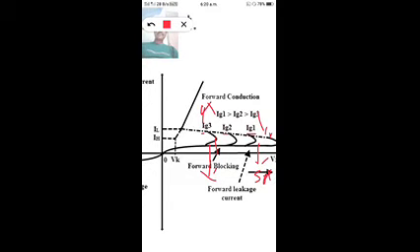If Ig2 is 5 milliamperes, then its breakover voltage reduces to 25 volts. This is the breakover voltage. For Ig3, let us say 10 milliamperes, then its breakover voltage is lower still. This is the breakover voltage.